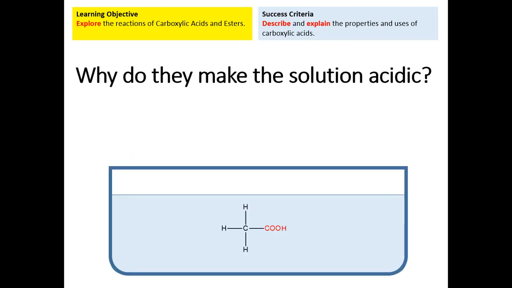So why do they make the solution acidic? In there you've got some water and you've got some carboxylic acid, some ethanoic acid. Now they behave in the same way as any other acid and that's why they become acidic. Because what happens is, as you can see from what's just happened in the animation, the hydrogen separates, it's what's called dissociates.